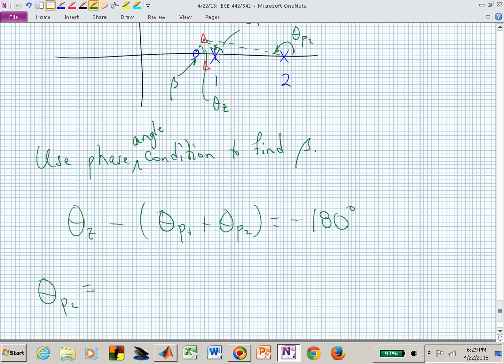I like to basically compute the acute angle and take that away from the larger 180. So theta sub p sub 2, I like to say, is 180 degrees minus that angle that's less than 90. And the angle that's less than 90 is the angle that has an inverse tangent.